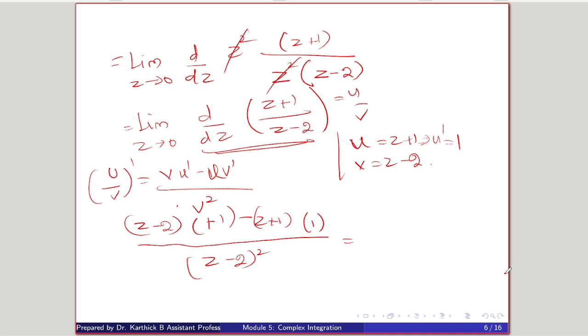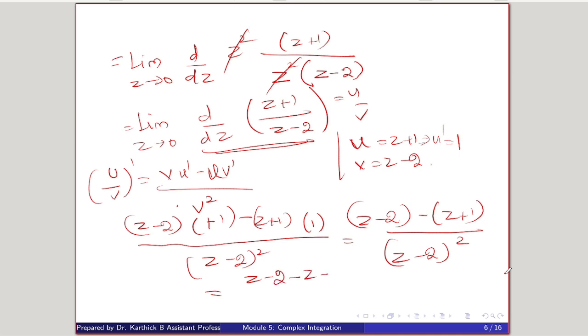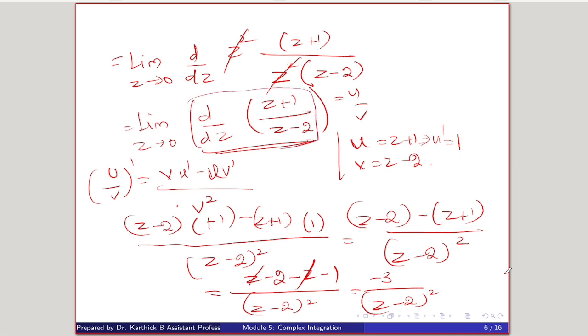So we get z minus 2 minus of z plus 1 divided by z minus 2 whole square. Then z minus 2 minus z minus 1 gives z cancelled, and we get minus 3 by z minus 2 whole square. So we have evaluated this derivative part.